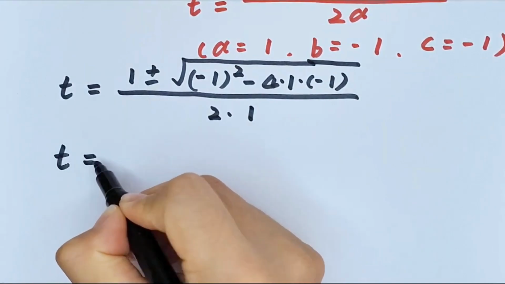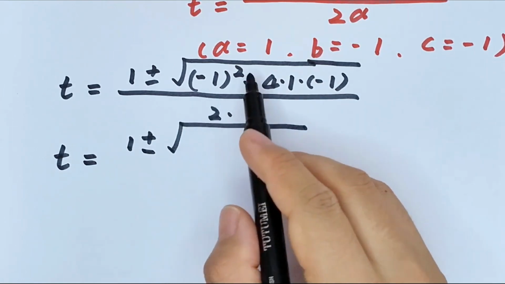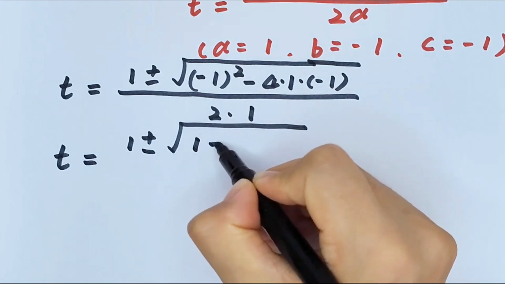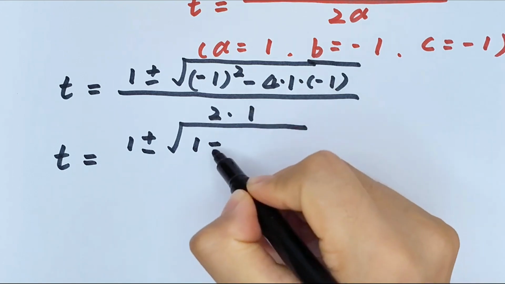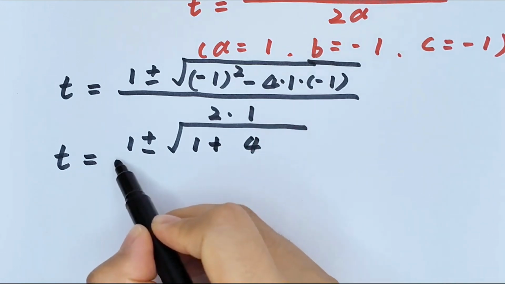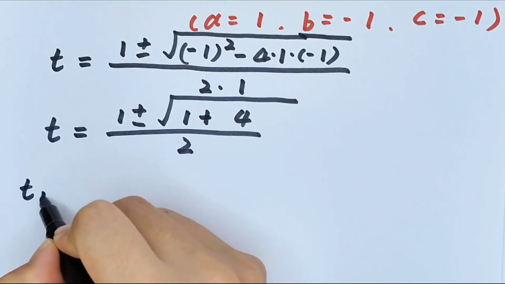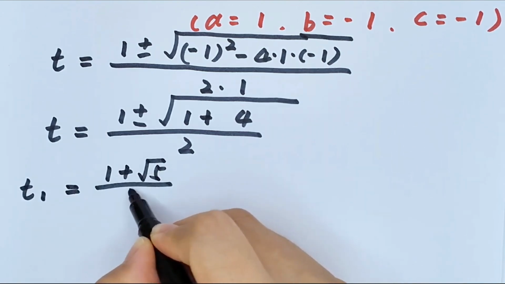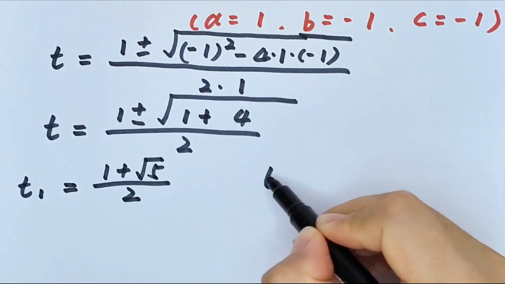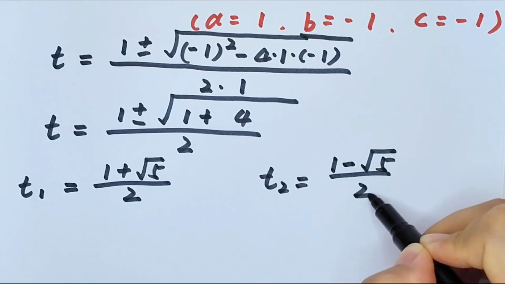So t equals 1 plus or minus square root of 1 minus 4 times 1 times negative 1, which is negative 4. So minus negative 4 is plus 4, divided by 2. Now we have two cases: t equals 1 plus square root of 5 divided by 2, and another case is t equals 1 minus square root of 5 divided by 2.